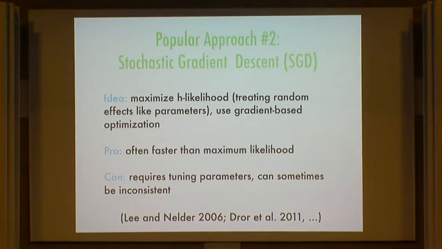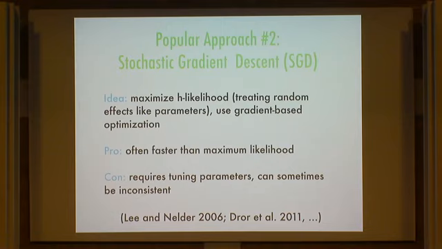Another popular approach is to use stochastic gradient descent, especially popular in the machine learning community. The basic idea is, if you write down the likelihood, it involves an integral over the beta i's, an integral over the randomness. So the idea is to treat the beta i's not as random variables, but as fixed quantities.